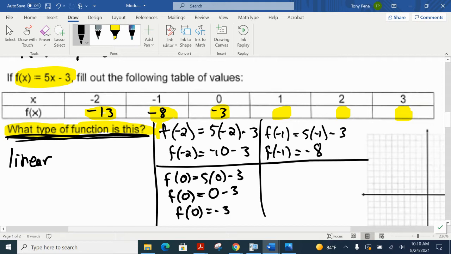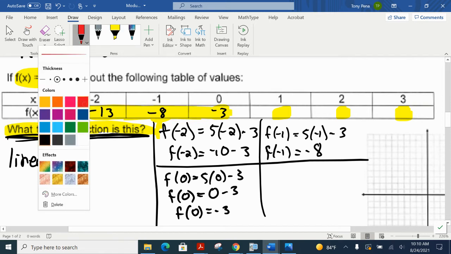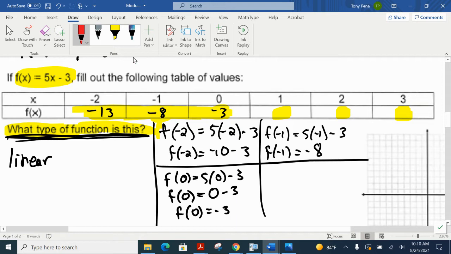And then Kat, how would we have known from these first three that this is a linear function? First off, a big indicator is the fact that they all have a constant. They have the same, not the rate of change, they have the same slope. It doesn't get larger or smaller.